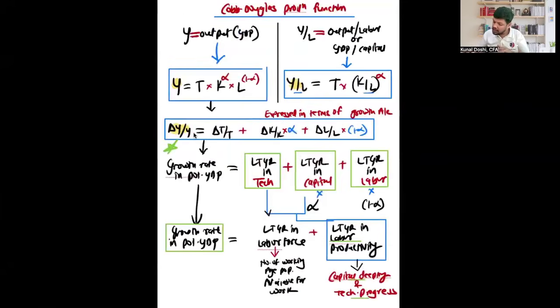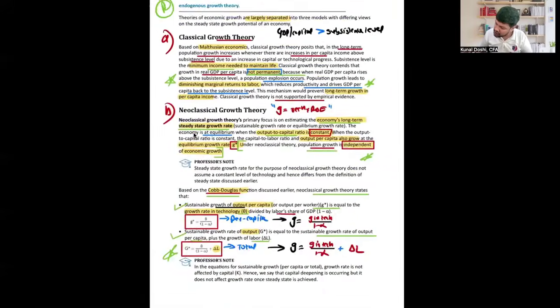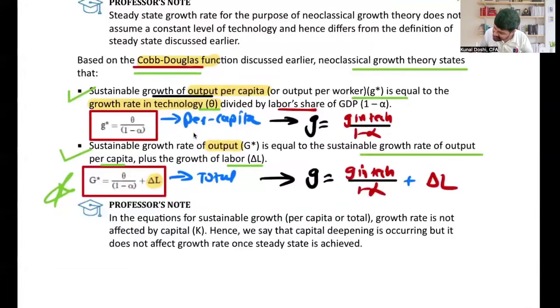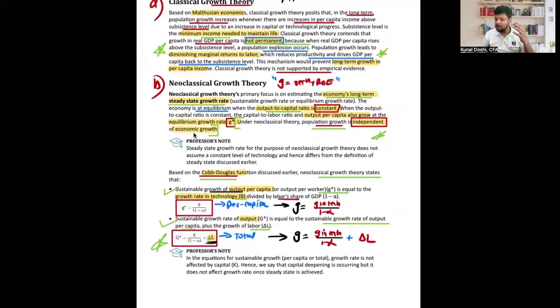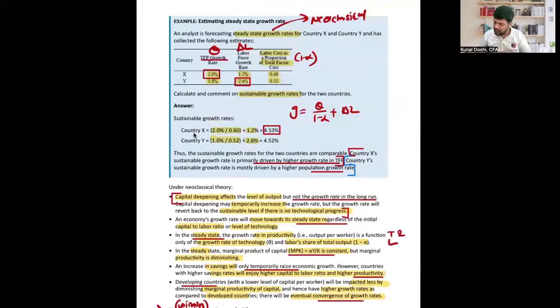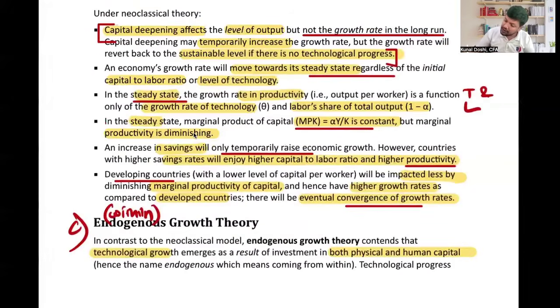So if you note here, it is also plus changes in the labor or the growth of labor basically. This formula is very important from your exam point of view. Okay, so this is neoclassical growth rate.